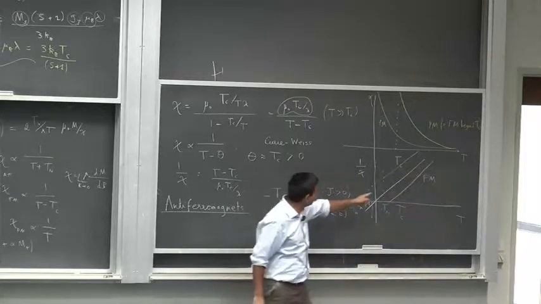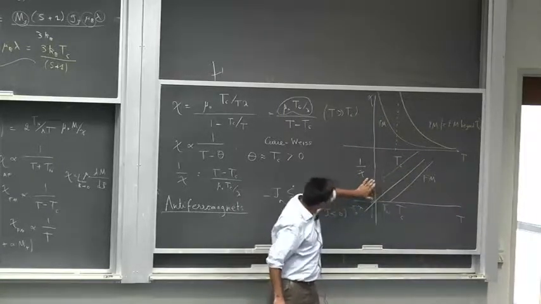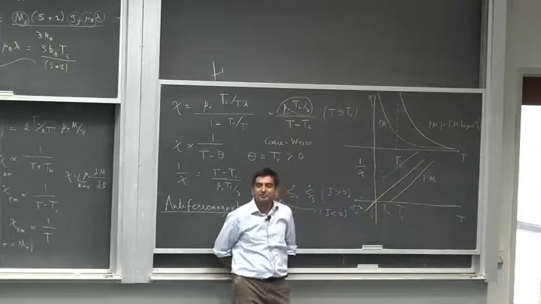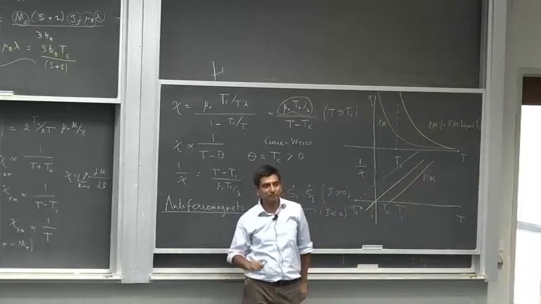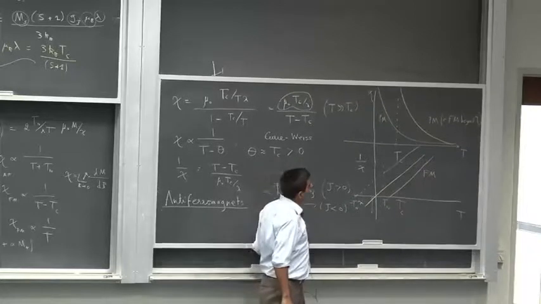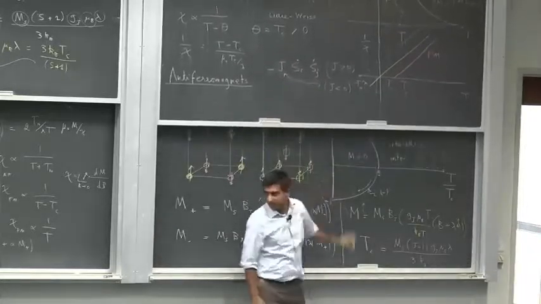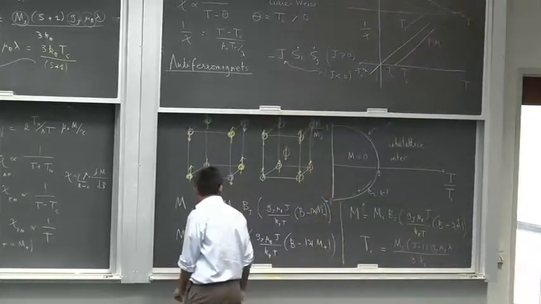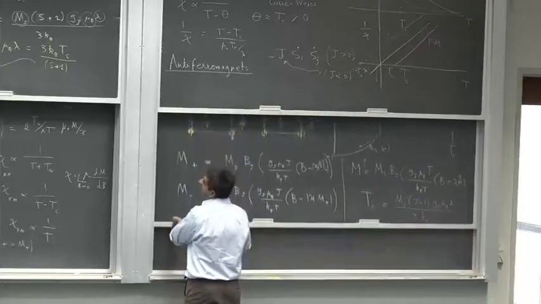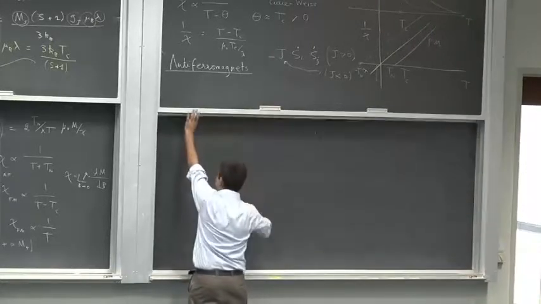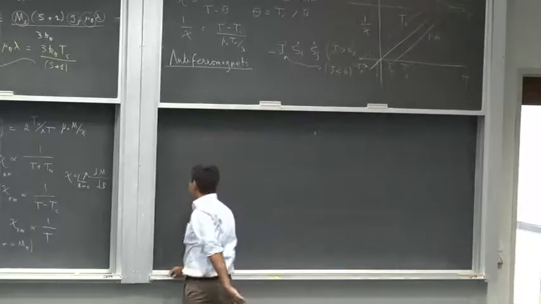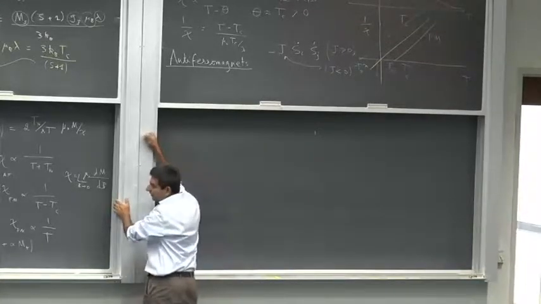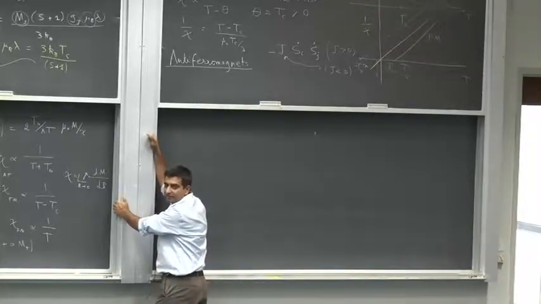So what we would like to see is, what is the susceptibility at temperatures below the Neel point? This is what we would like to explore now. We'll do a semi-quantitative argument here.